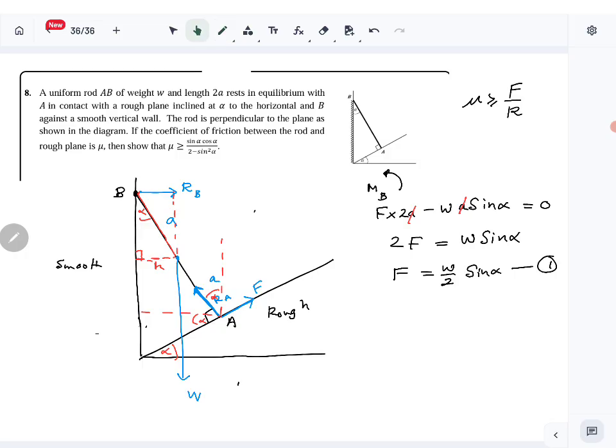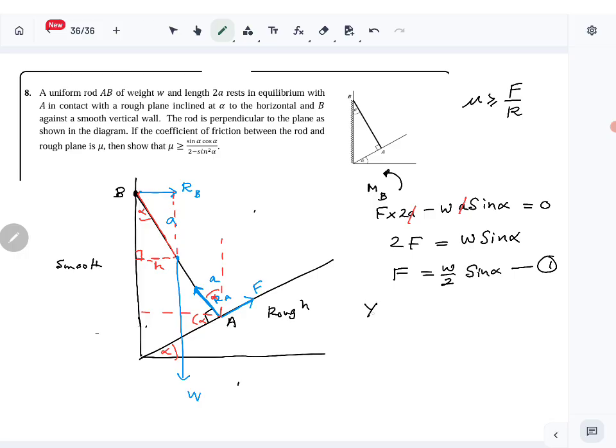Then you have to find the normal reaction RA. For that, moments won't work, because if we take moments we have to find the normal RB also. The best thing to do, since this is in equilibrium, is to consider vertical components, then I don't need to worry about RB.